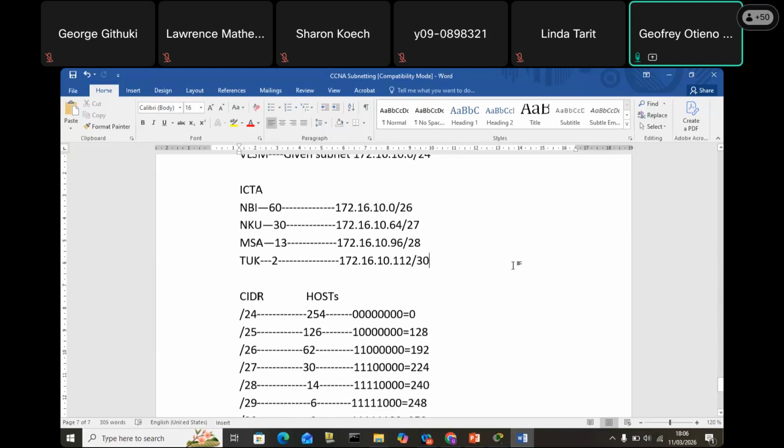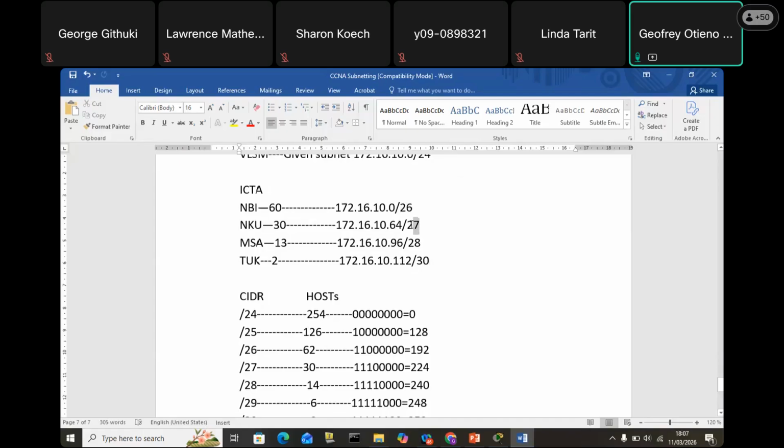Now, you just need to distribute to each branch the subnet that they're supposed to have on their devices. I repeat the last one, Turkana. You are told to give Turkana 2 computers, and that's what you have done. Turkana is supposed to be on their own subnet. Remember, the first prefix determines the next subnet.